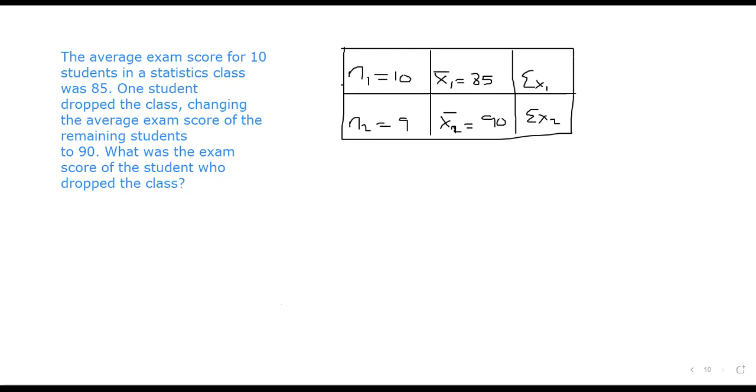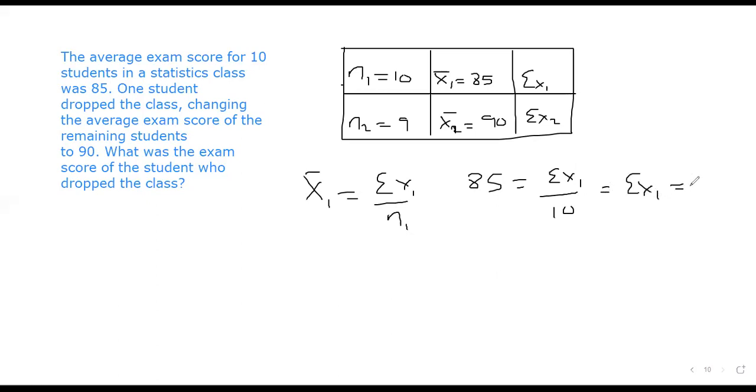Okay, so we now need to know the formula for the mean. It is given by what? Summation of x over n. So here our mean was what? 85. Our summation of x, we don't know, but we know that the sample size was 10. So the summation of x for the mean to be 85 should have been 850.